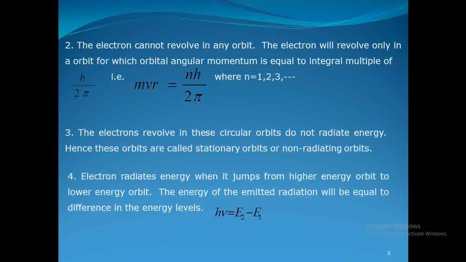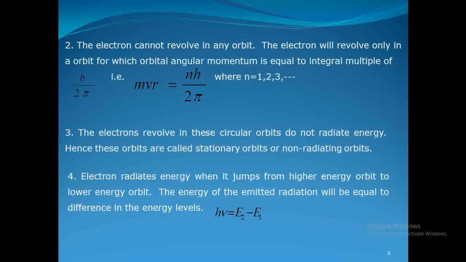Next and the last postulate: when do we get the spectrum? Whenever the electron makes a transition from a higher energy orbit to a lower energy orbit, the difference between the energy of the higher energy orbit and the lower energy orbit will be given out as the energy of the emitted radiation.